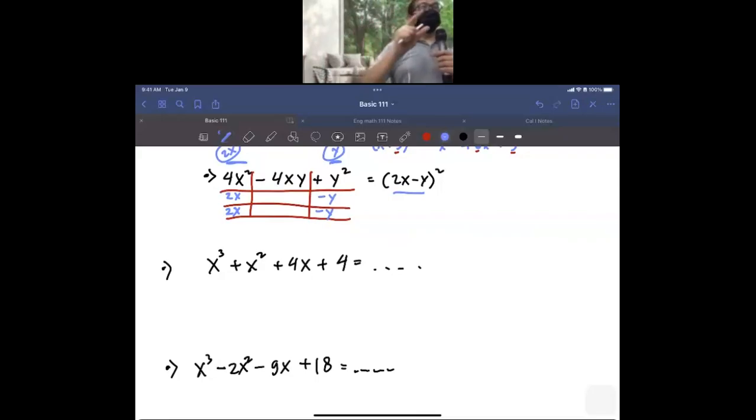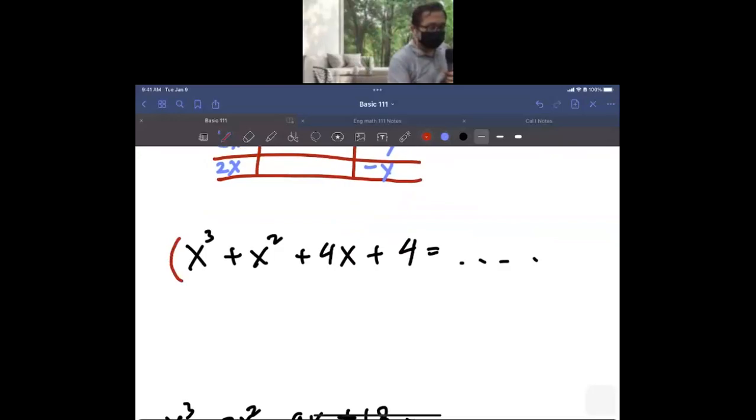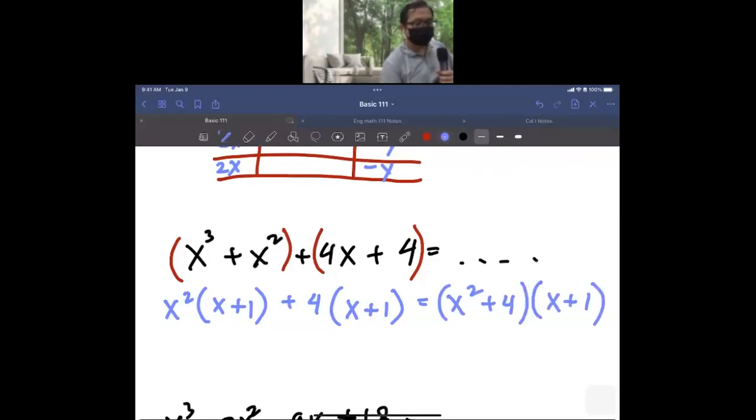But here, there's an interesting pattern: let's take out the common factors from these two. And then this part is this, and then this becomes x squared plus 4x plus 1.